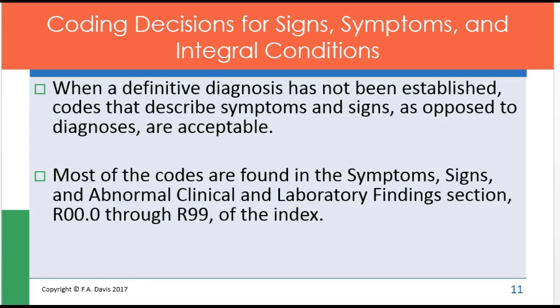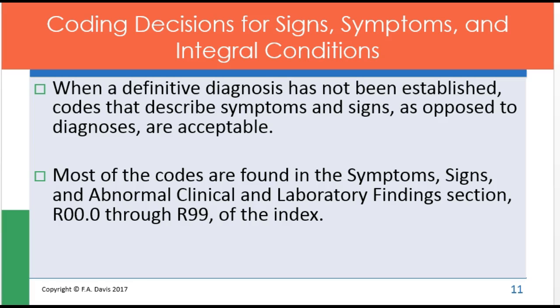You could see maybe issues that would cause pain. Maybe you could see some facial expressions that would indicate pain, but you can't see pain. So that would be a symptom. And then signs are the things that you can see, things you can validate maybe with a test. And then integral conditions are going to be things that are inherently a part of something else.